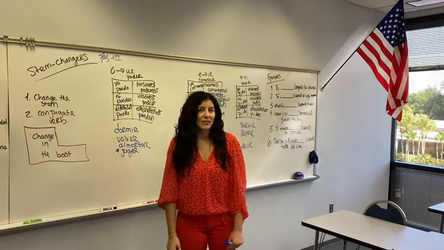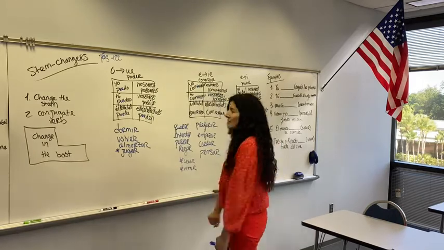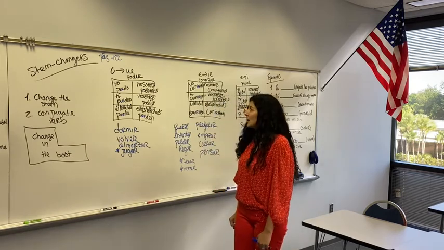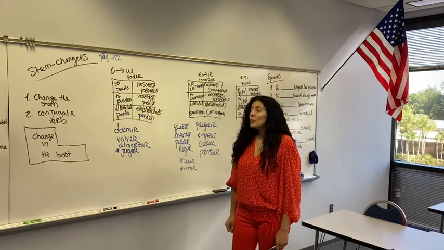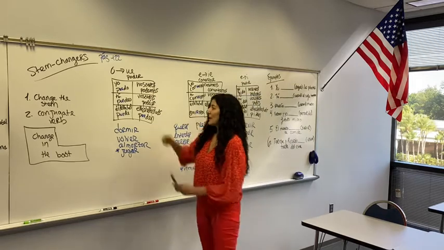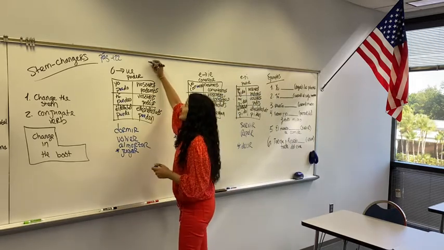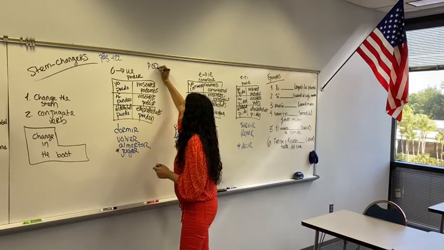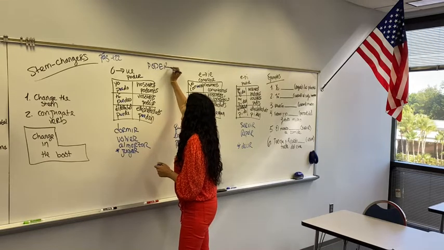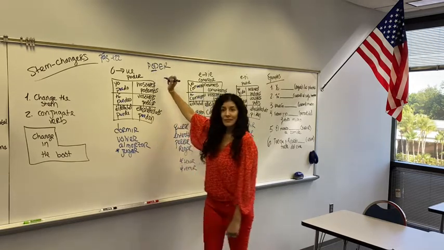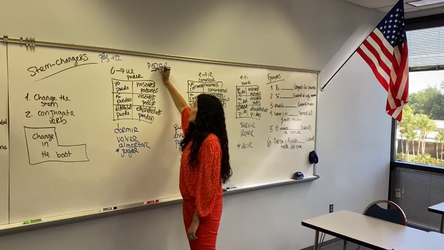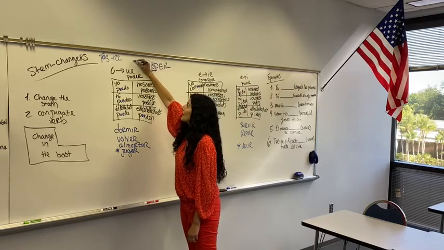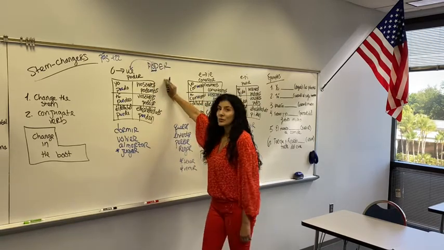That's what we want to ask ourselves. I've given us three examples here to look at. When we have this verb, poder, you want to notice that the stem of this verb has an O. This is the O that we are talking about changing into a UE.